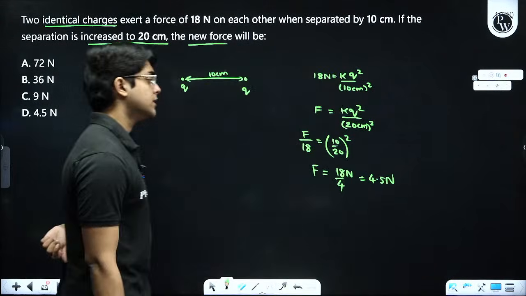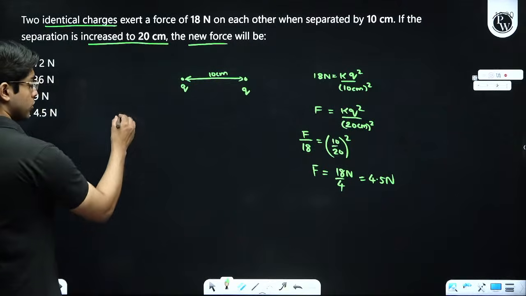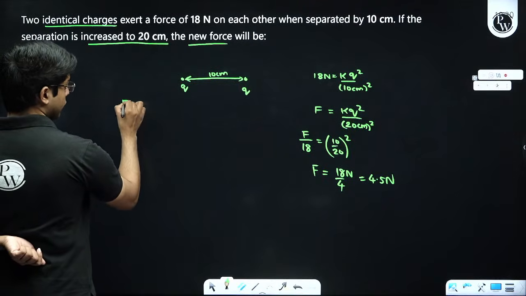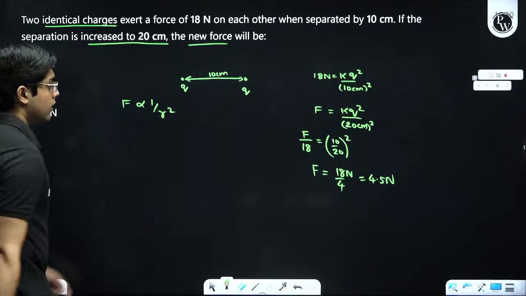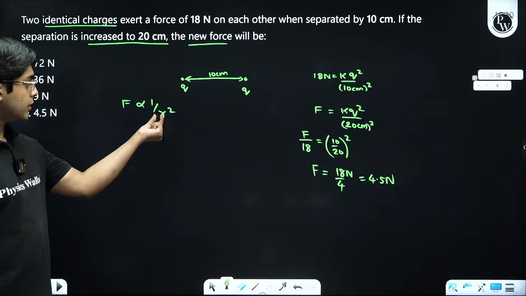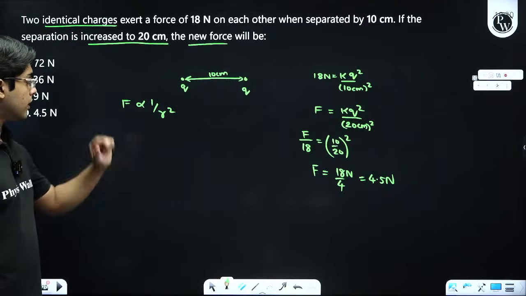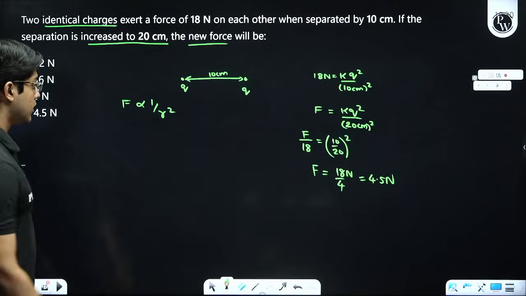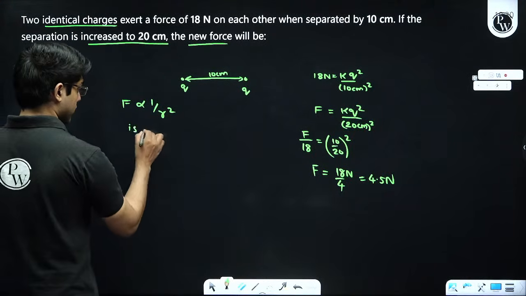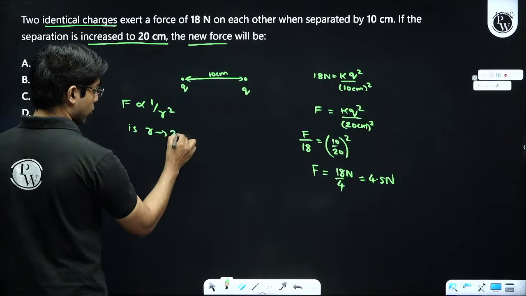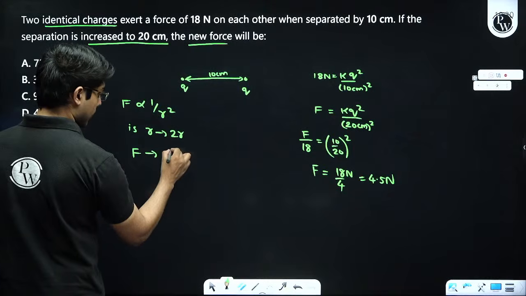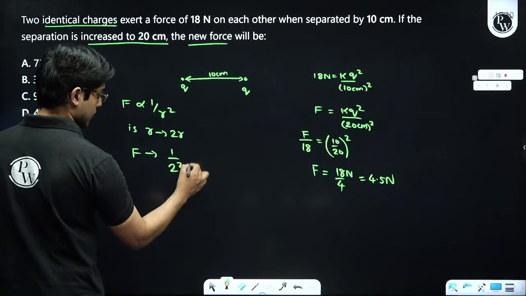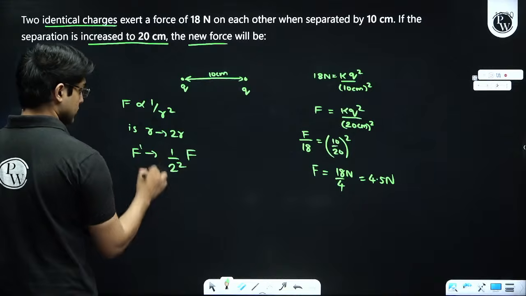Okay. Another way is you can use proportionality. We know the force is inversely proportional to R square. So if you double the distance between them, the force will become 1/4. If R is made 2R, then the force will become 1/2 square times the original force, which is F/4, right?